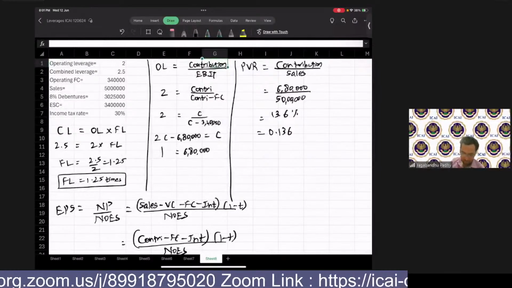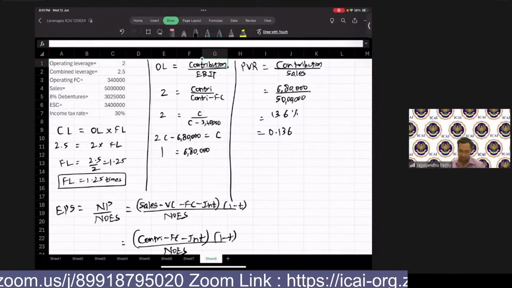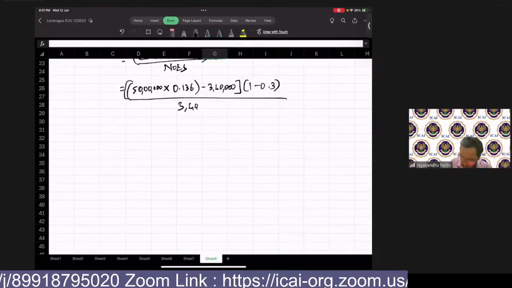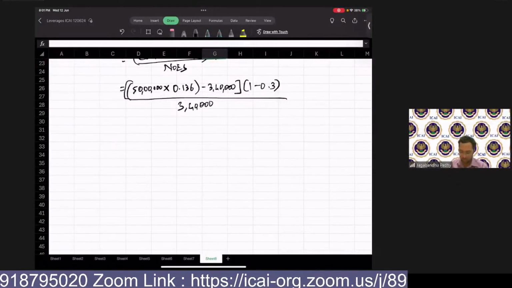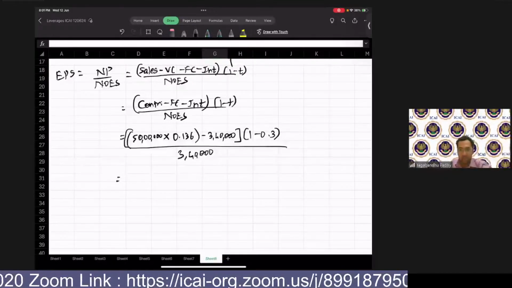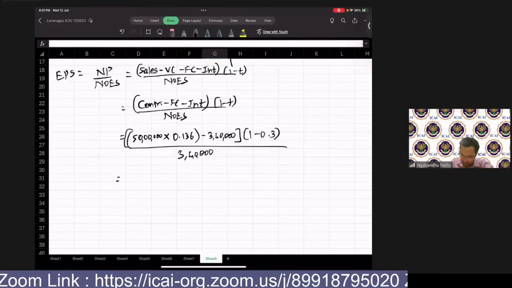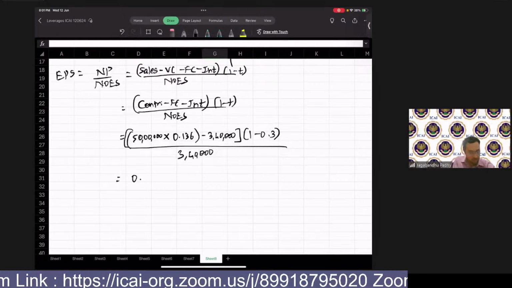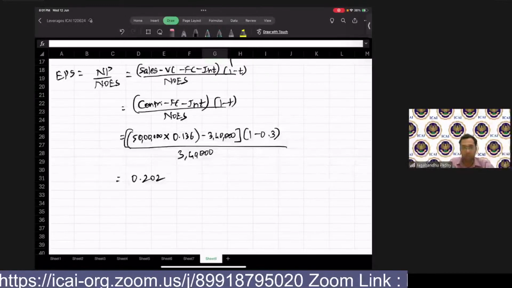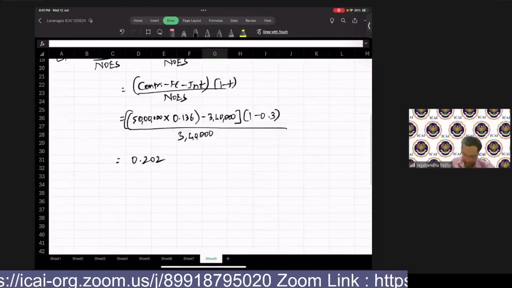The number of equity shares is simply 34 lakhs, or at 10 rupees each, 3,40,000. Solve this entire thing and you'll get the EPS figure as 0.202.